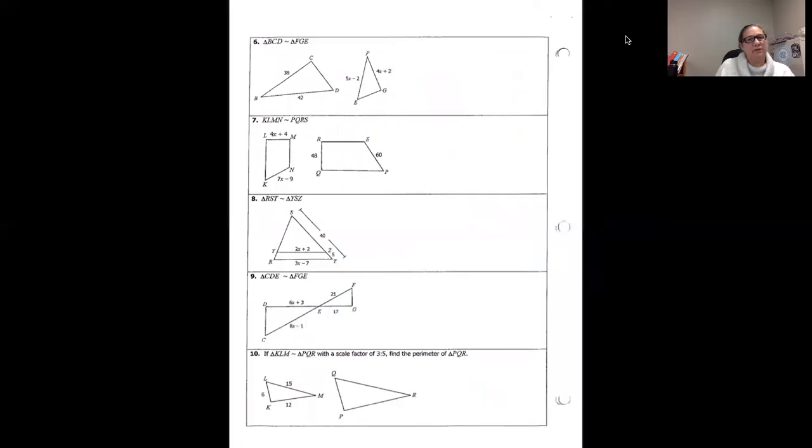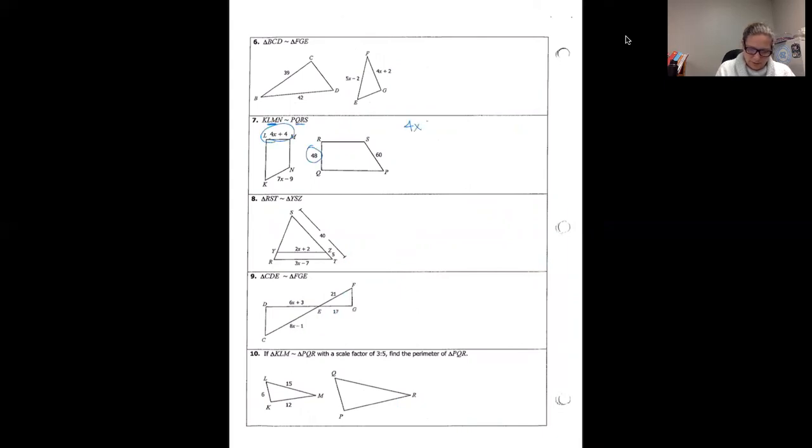And remember, similar figures don't just have to be triangles. They can be quadrilaterals or anything else. Let's look at number 7. So LM and QR.